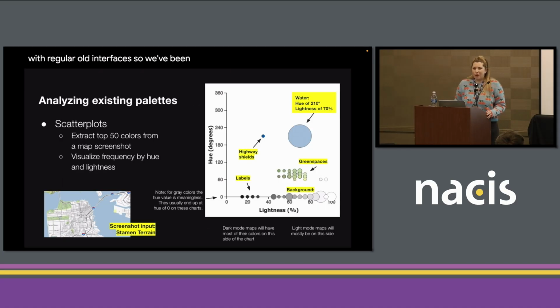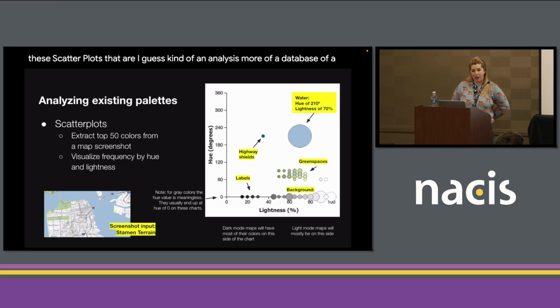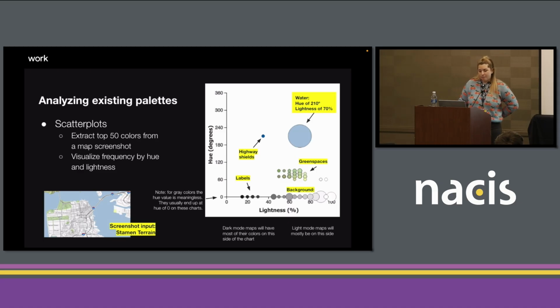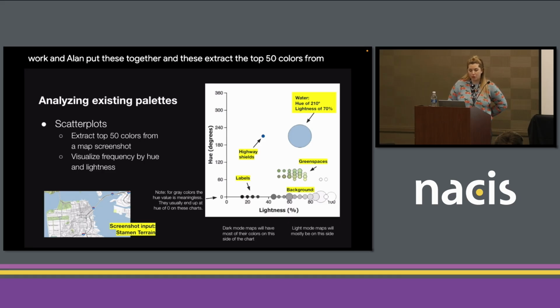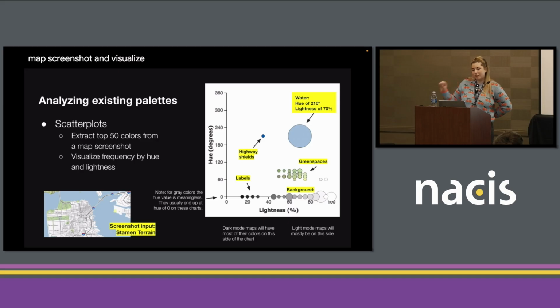So we've been thinking about dark maps, and we have these scatter plots that are, I guess, more of a data viz of different maps that we've seen that come up a lot in our day-to-day work. And Alan put these together, and these extract the top 50 colors from a map screenshot and visualize different sizes.